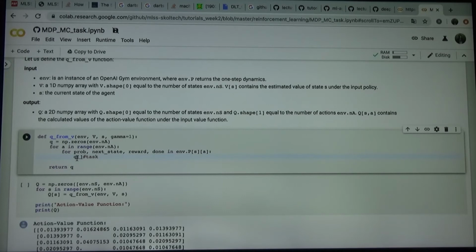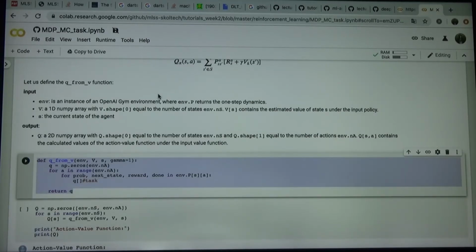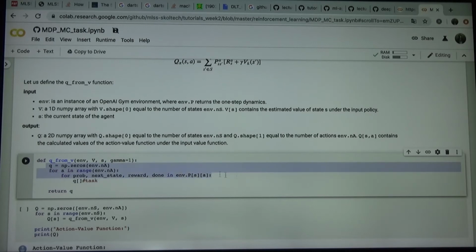The design is so that we are going to do the Q from V, which will output for now just an array; it will just go through the actions and not the states.